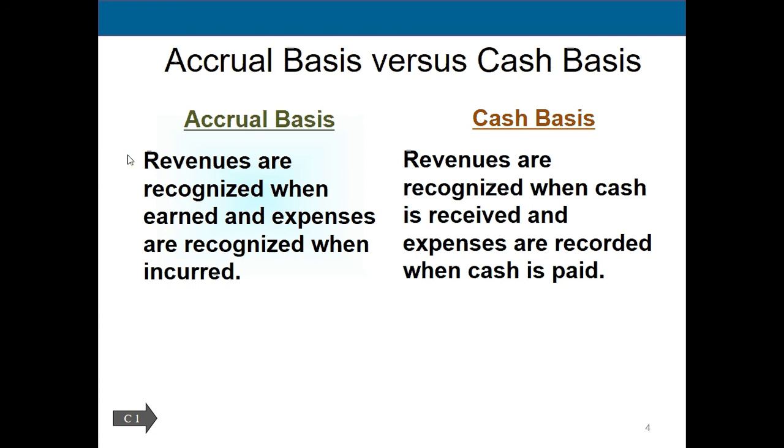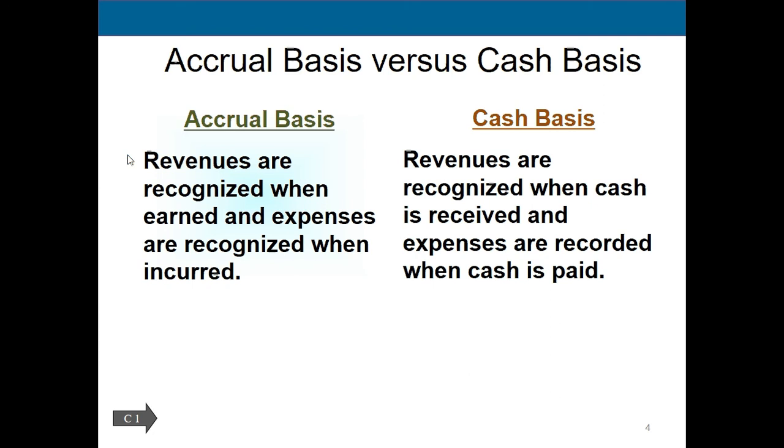The accrual basis simply says that revenues are recognized when earned and expenses are recognized when incurred. And that is revenue recognition and the matching principle overall. That's what accrual basis tells us. We typically, as individual people, live on the cash basis of accounting.